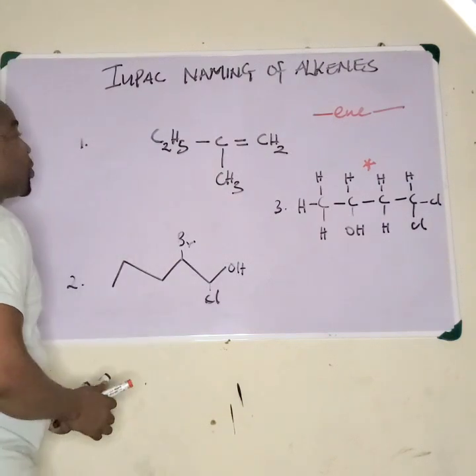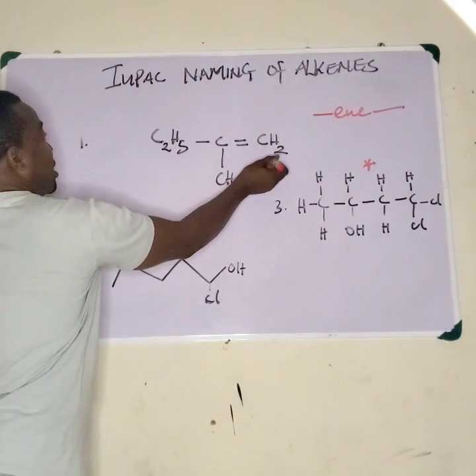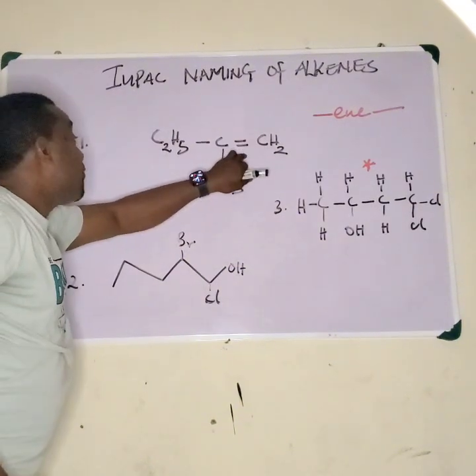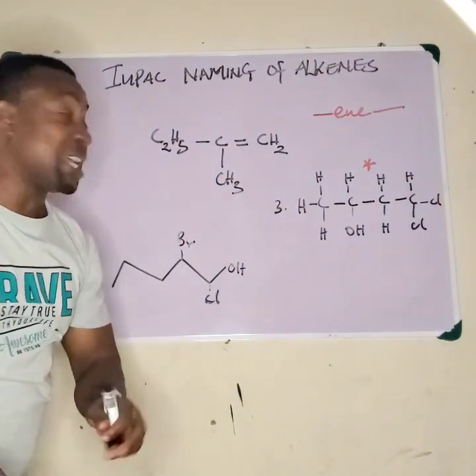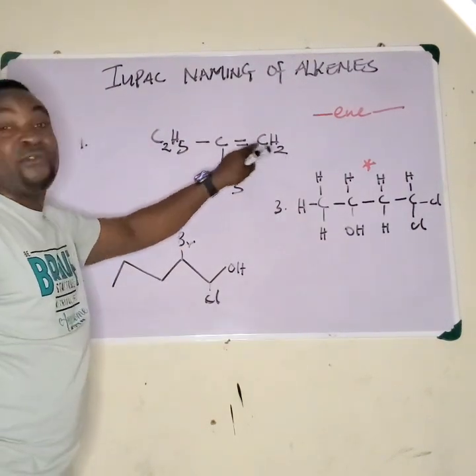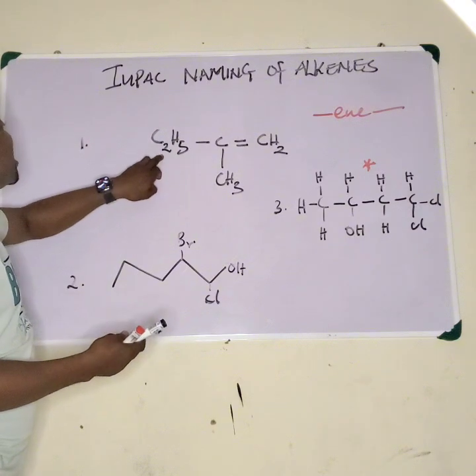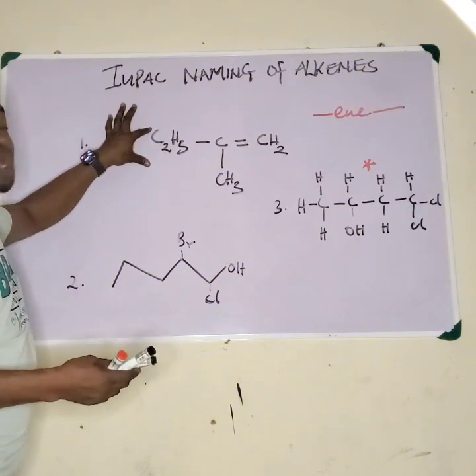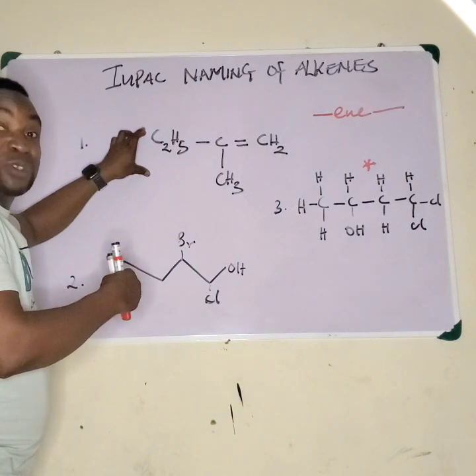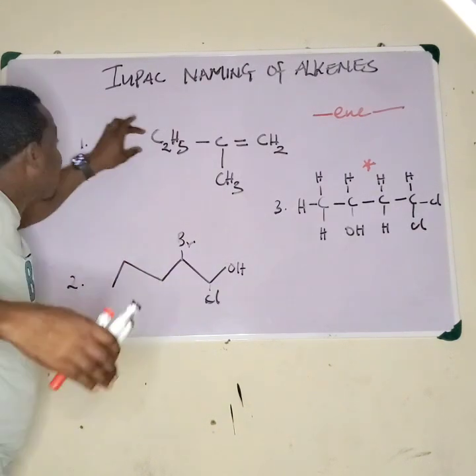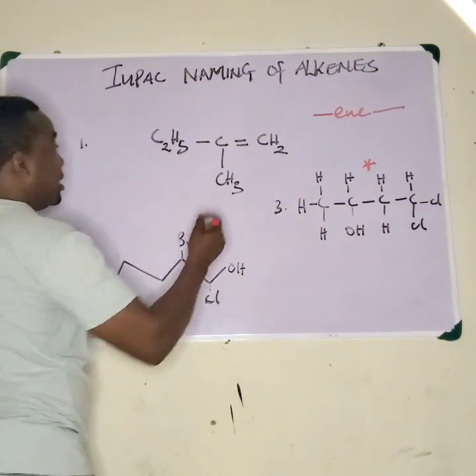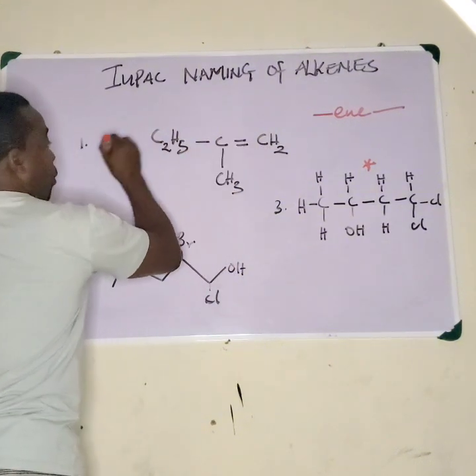Okay, let's name this. So guys, let's go. If you check this, you know that is an alkene, with a double bond. Having a double bond here simply means that we are going to name from here. You don't need anybody to tell you that your naming should come from here, because look at this. We have C2H5, which means we have two carbon atoms. If you want to write the structure, we have to stretch out these two carbon atoms, so what we have here is 1, 2, 3, 4.